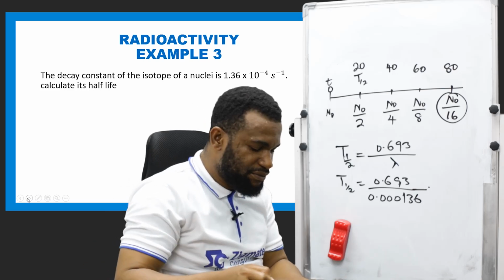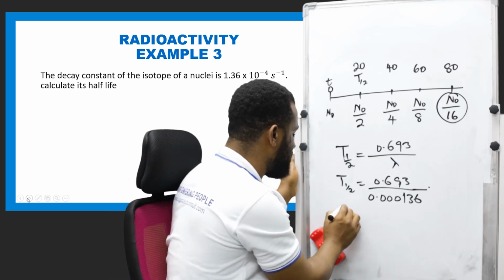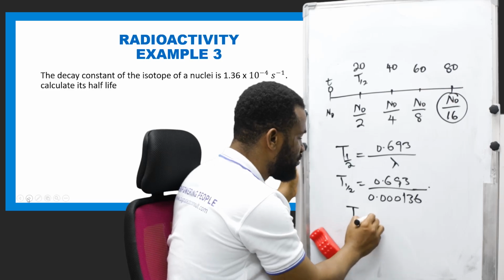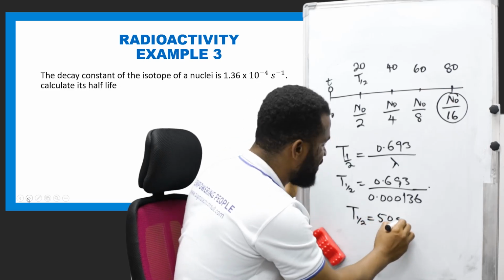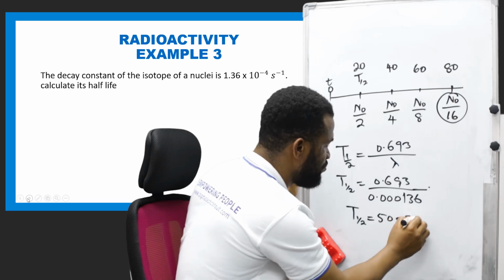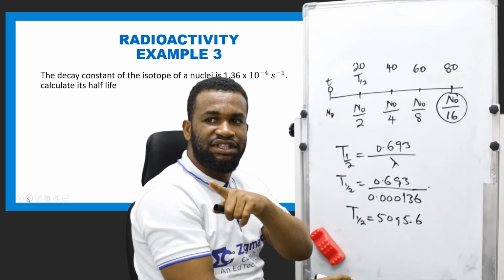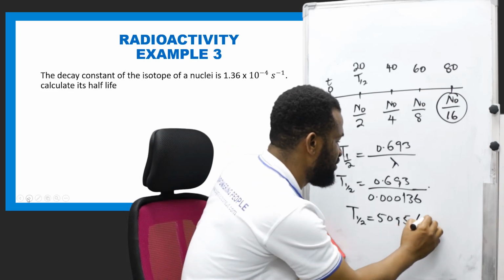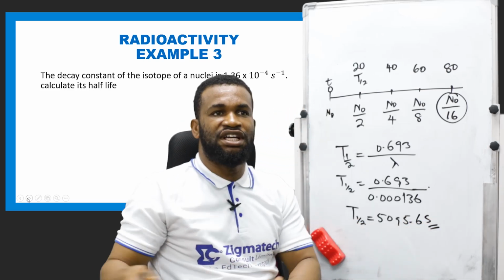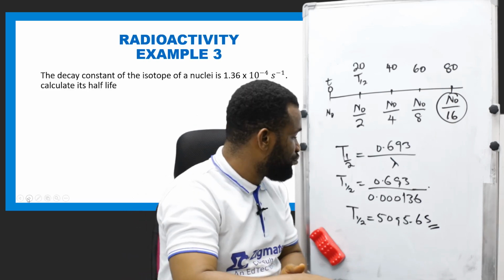So the half-life T half is going to be 595.6 seconds, because since it's seconds we are dealing with, it's going to be seconds. So this is going to be the half-life of this problem.